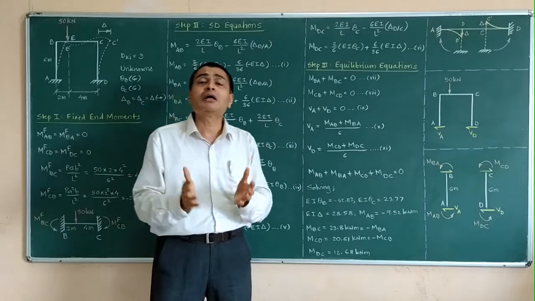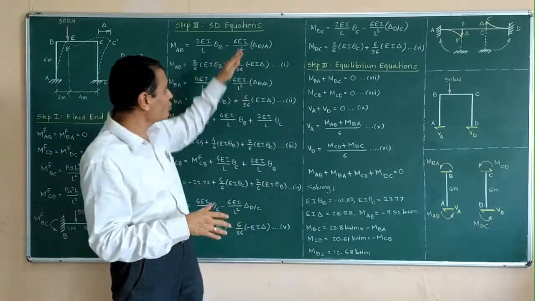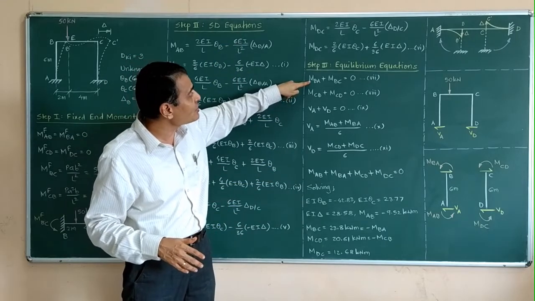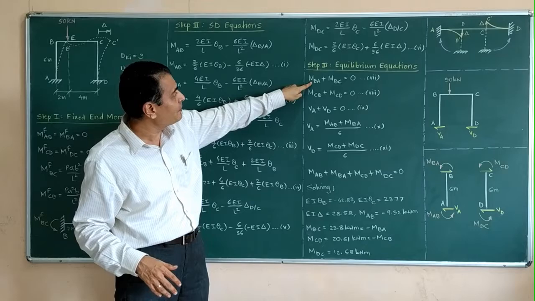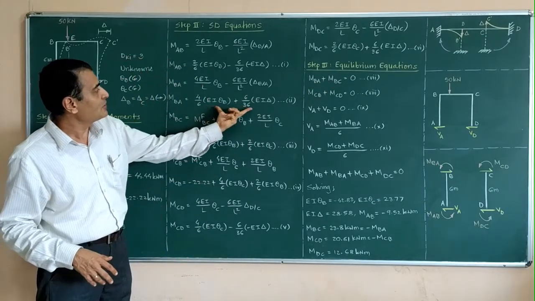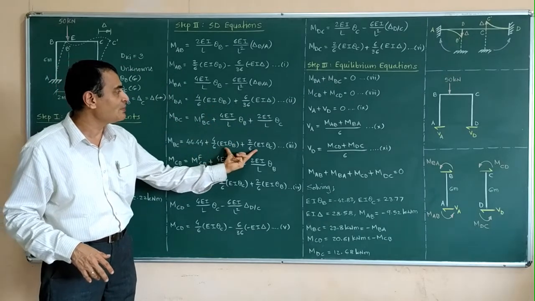So these are my 3 equations in 3 unknowns when I substitute from these right hand sides. Which are those? Equation number 7. I will replace MBA and MBC terms by these terms on the right hand side. This is MBA and this is MBC.